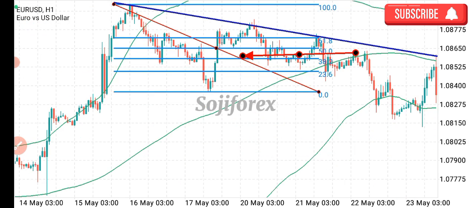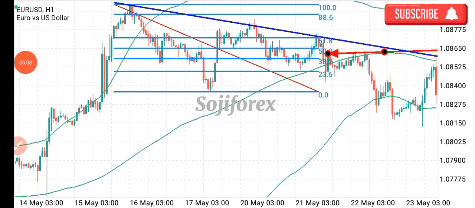Price closes above it, and even above our 61.8 level, and then it gave us this candlestick pattern. So we'll make our entry comfortably and we'll be on our way to the downside.